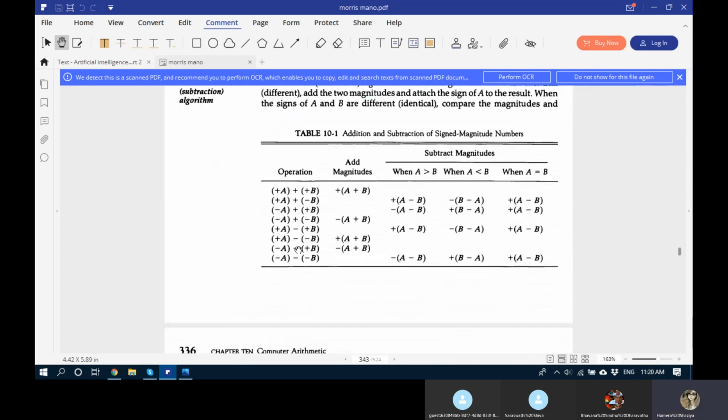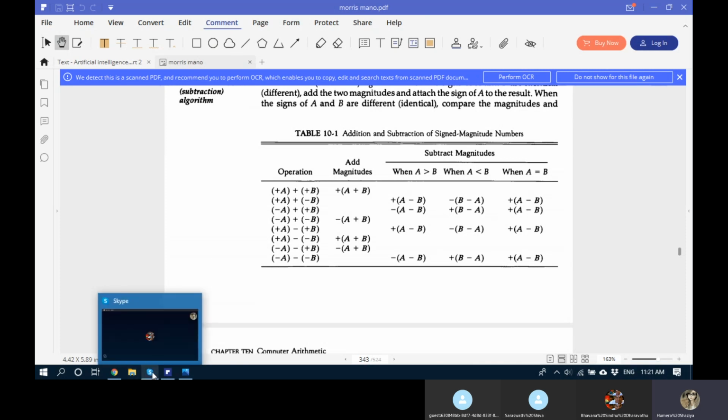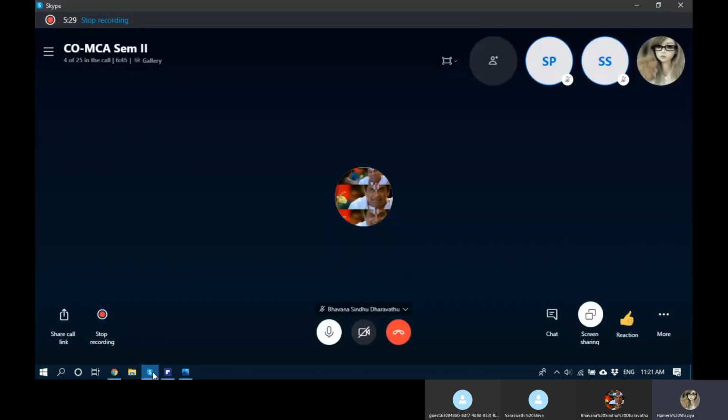Can you explain me these rules? You know these rules since schooling we are studying these. Addition and subtraction of signed magnitude numbers. Yes, Bhavna. Hello, Bhavna. Okay, some other students have also joined.